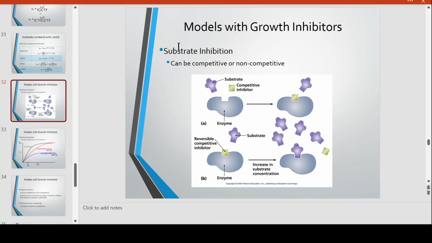With substrate inhibition, the competitive inhibitor becomes your growth inhibitor. The growth inhibitor can act as either a competitive inhibitor or a non-competitive inhibitor.